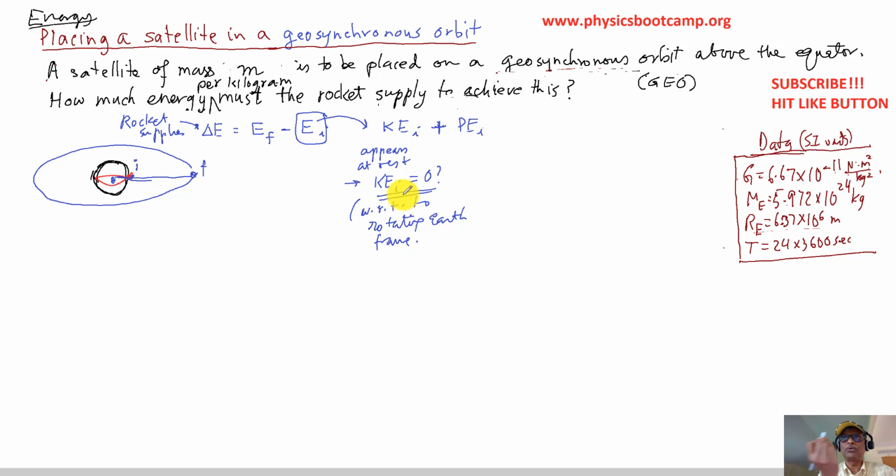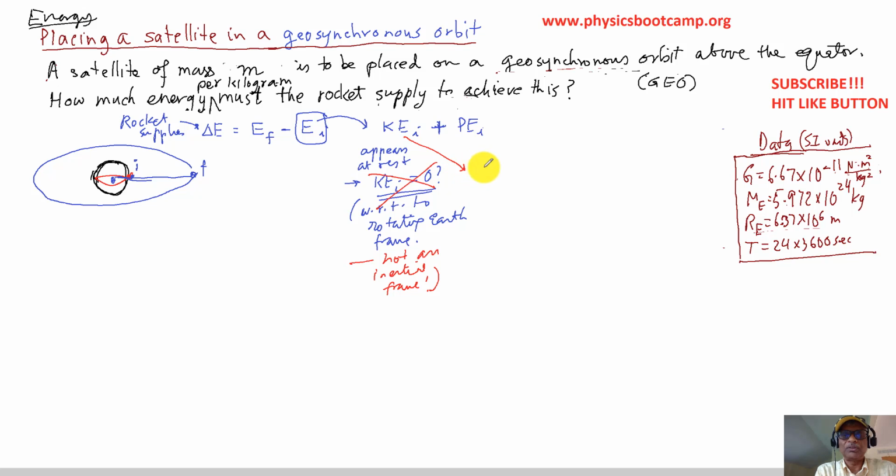And because a rotating object is always accelerating, that means this frame is accelerating, and so this is not an inertial frame. So I can't use this, okay? So the kinetic energy is not 0.